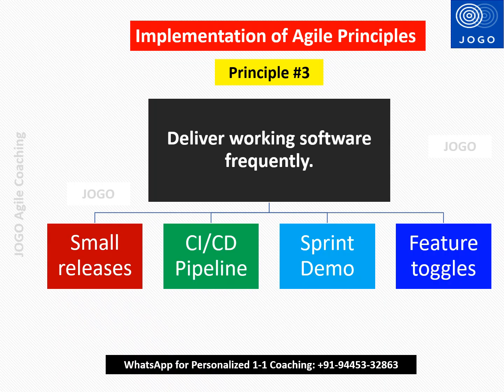We need to have a sprint demo so that the customer will acknowledge that the product is working as per expectation. We can have feature toggles so that whatever features we want to implement, we can give them to the customer and validate, and we can get back to the old version if it is not needed. So by doing these four activities, we can demonstrate the third principle implementation at work.